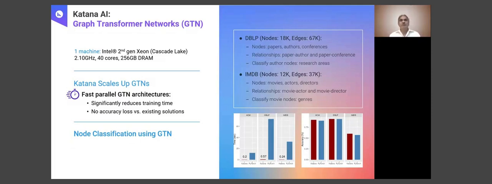And the way we did it was by inventing a very new algorithm that uses sampling without losing accuracy. So developing new algorithms for these graph machine learning problems is one of the things that we do at Katana. And then again, as I've been emphasizing, we have this platform on which we can quickly implement these algorithms in parallel and see how well they do.